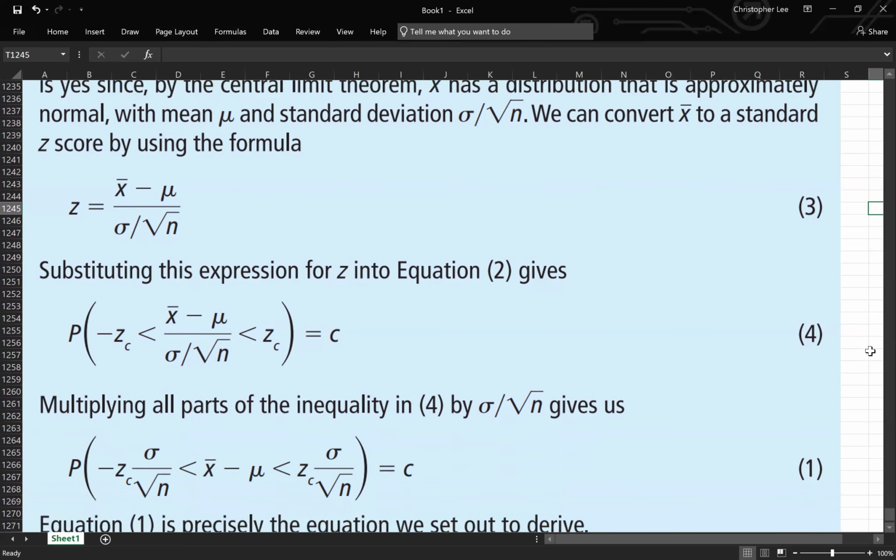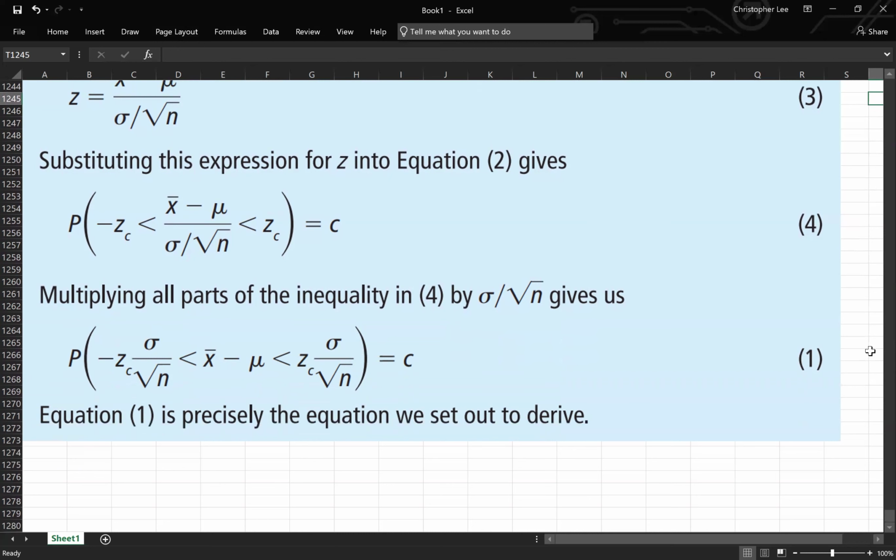Substituting the expression for Z into equation 2 gives us the probability that negative Z critical is less than X bar minus mu over the standard deviation divided by the square root of n, less than Z critical, which is the critical value. Multiplying all parts of the inequality by the standard deviation divided by the square root of n gives us this formula we just looked at.